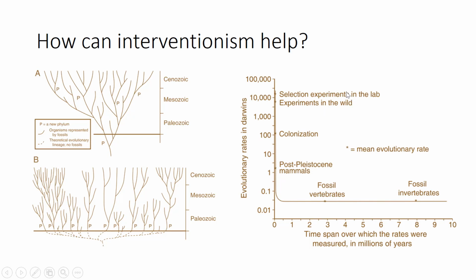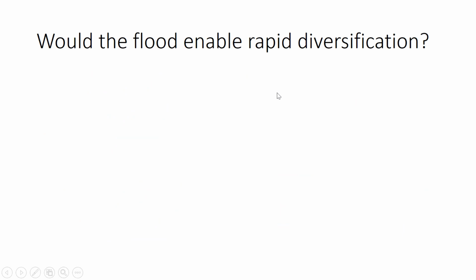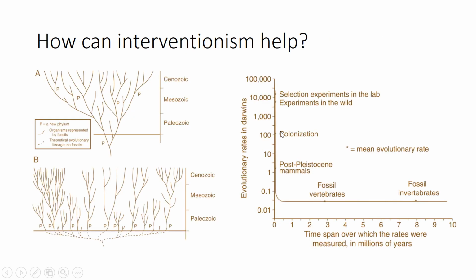And here are the selection experiments in the lab and experiments in the wild, which actually have incredibly high evolutionary rates. What you see is that some points in the fossil record have evolutionary rates that approach what we've seen in the lab and in experiments in the wild.